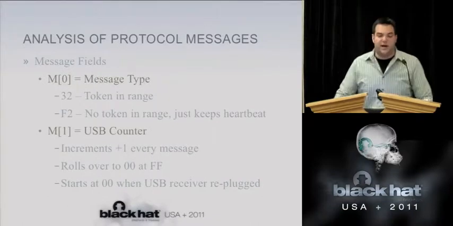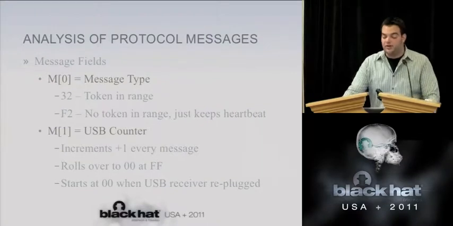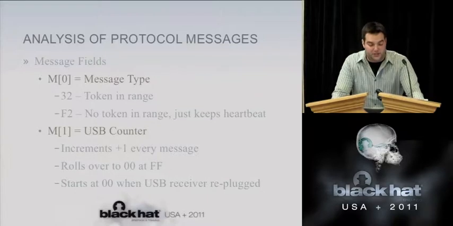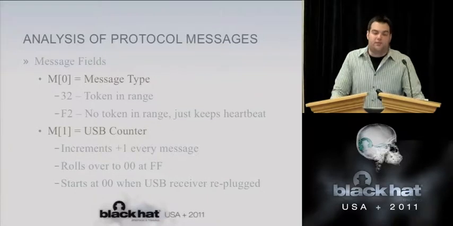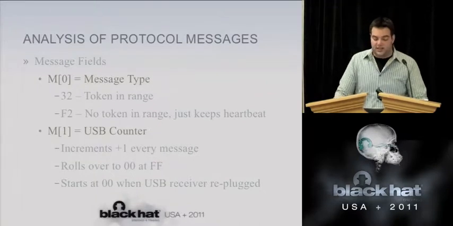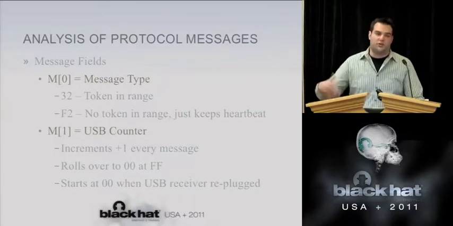The next byte in that message is what I'm calling the USB counter. For every message received by the USB receiver, be it from multiple tokens or for a token in range message, it increments by 1 every single message, and it rolls over at FF back to 0. The interesting thing is if you unplug the USB receiver and plug it back in, this resets to 0.